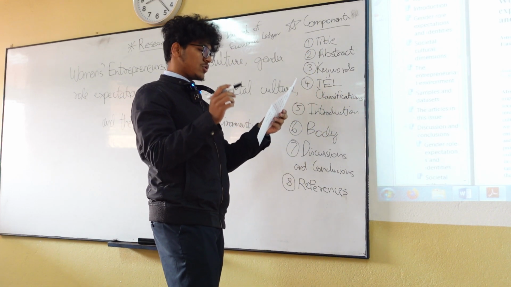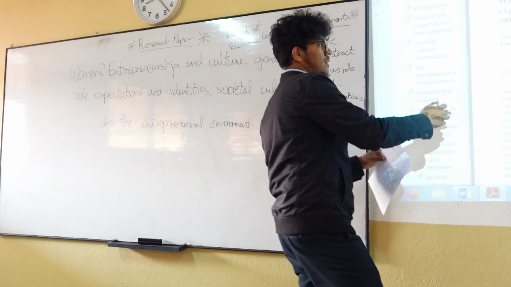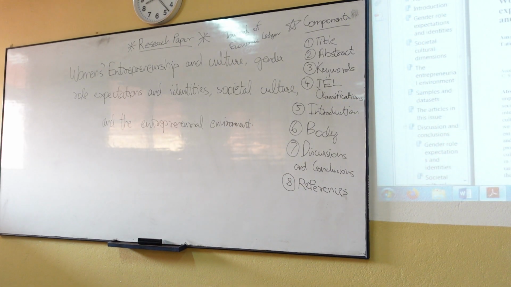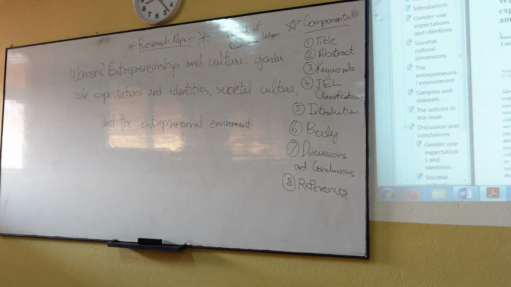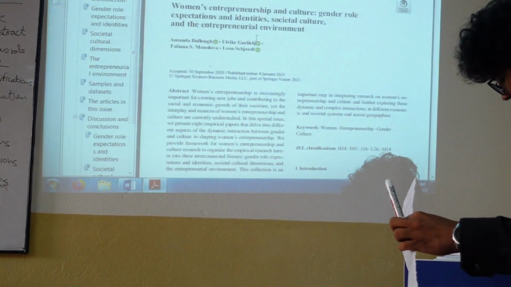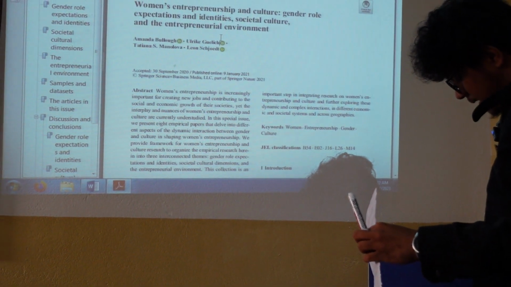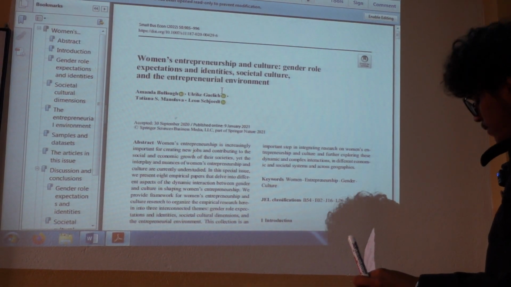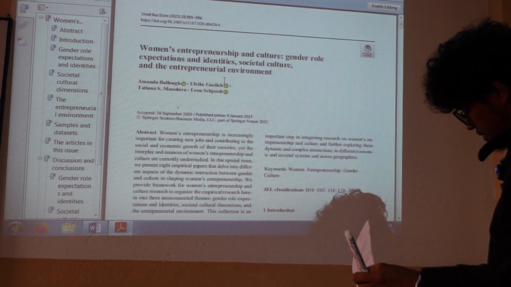Then we move on to the authors. These are the 4 authors who together form this research paper. Amanda Bullough is a professor of global entrepreneurship and leadership. Ulrich Guklich is a professor of entrepreneurship and employment. Tatiana S. Manolova is a professor of global entrepreneurship.